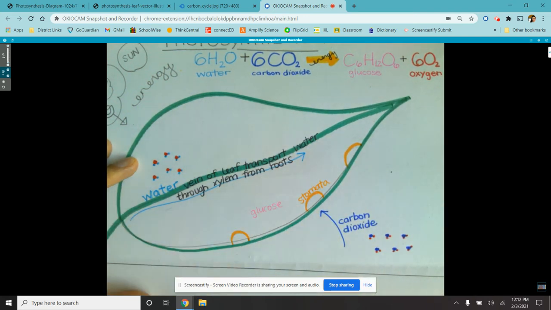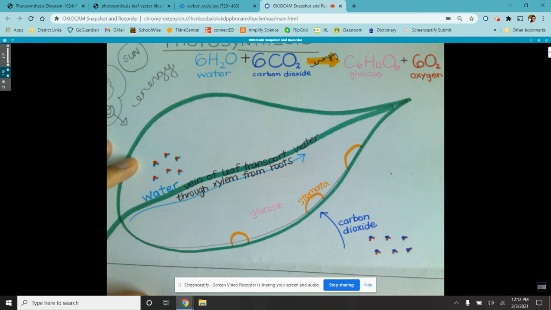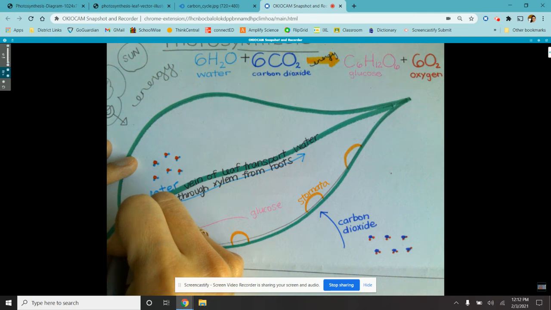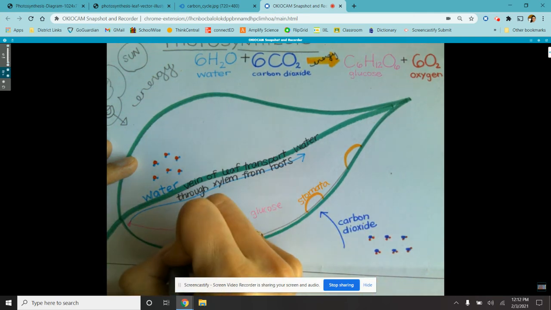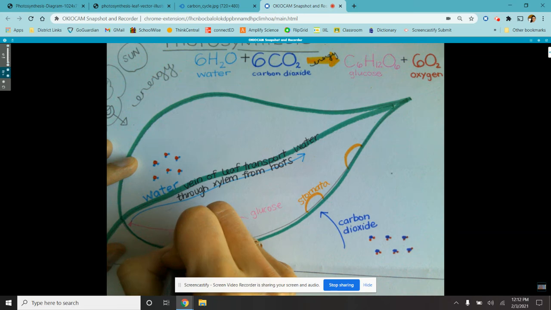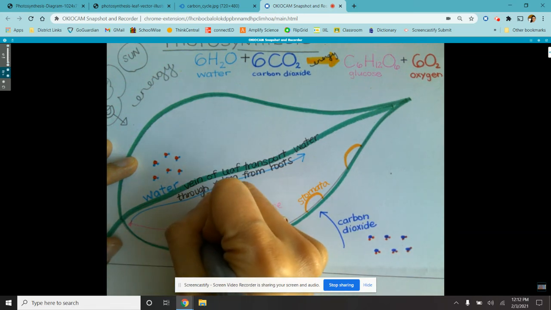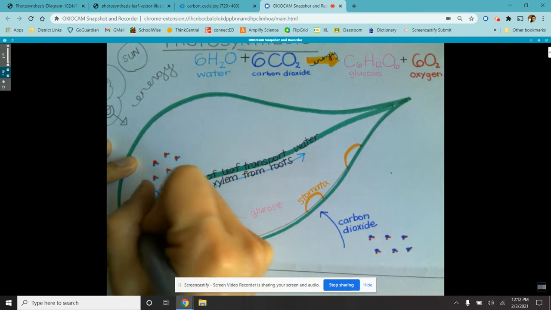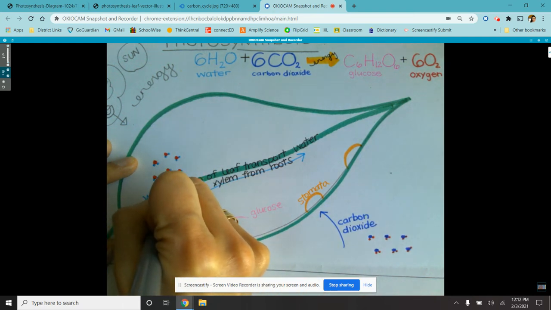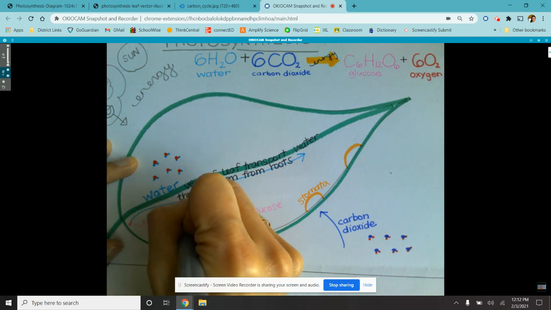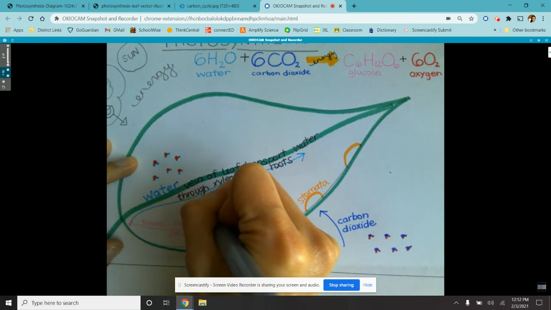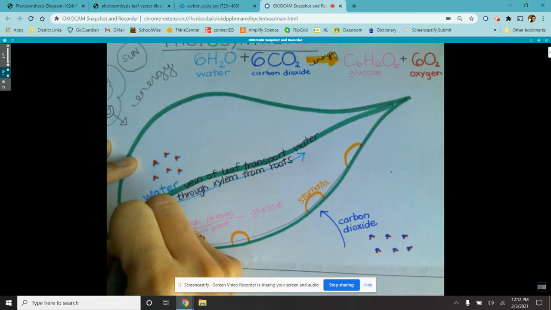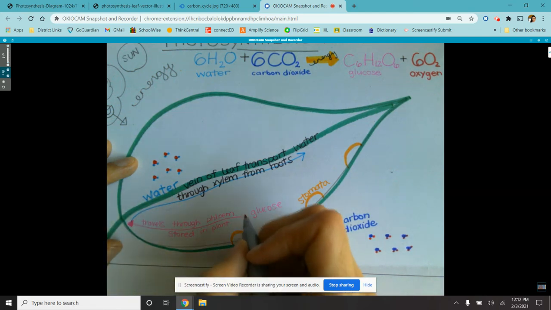And the glucose gets stored, right? And it goes through our vascular phloem or vascular tissue.